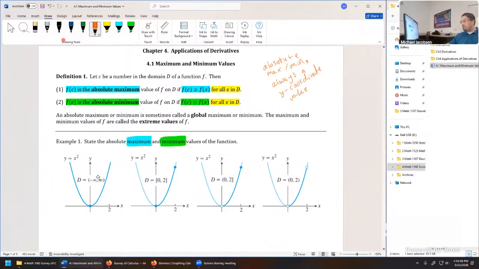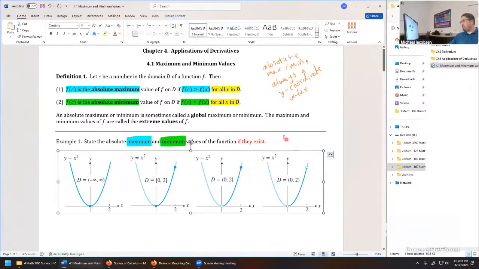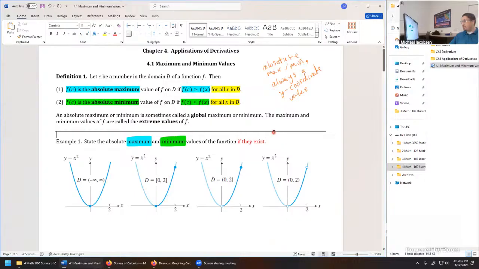And just for the sake of clarity on the instructions, I should have written, let's add a quick edit, if they exist. Not all functions will have an absolute maximum or an absolute minimum necessarily. It just depends on the function and the domain of the function as well. So that's a quick edit just for the sake of clarity. And on our first run through on this one, we have the quadratic function y equals x squared.